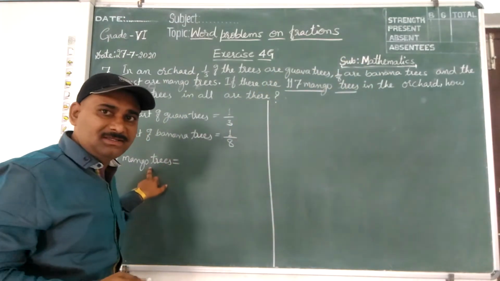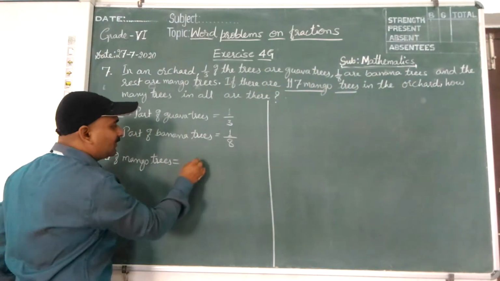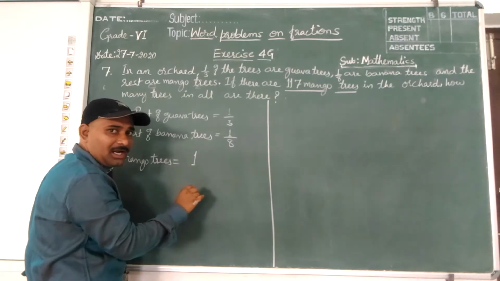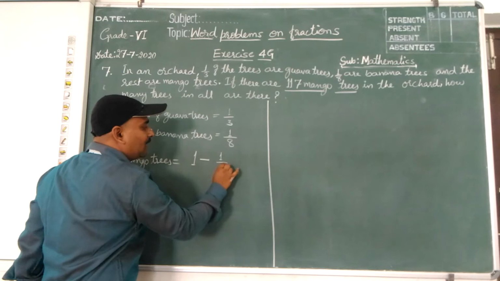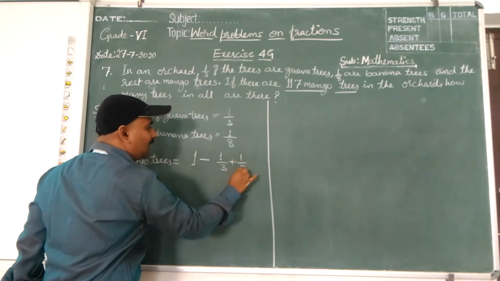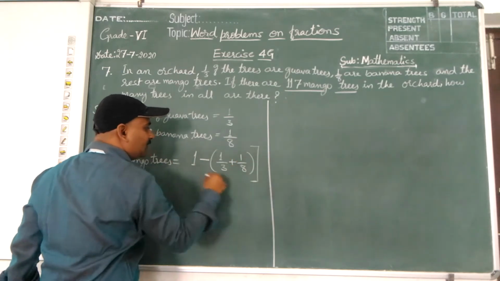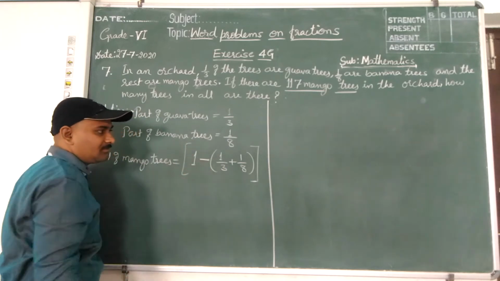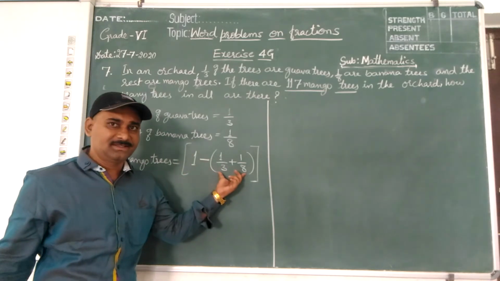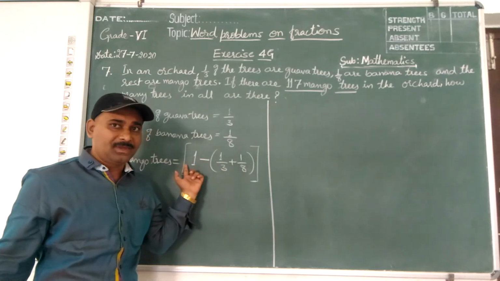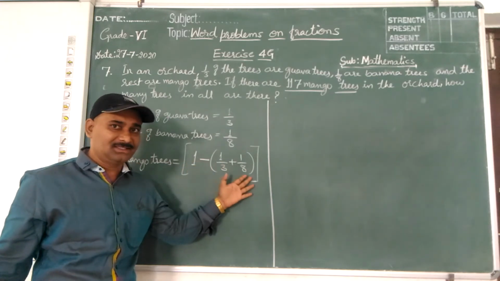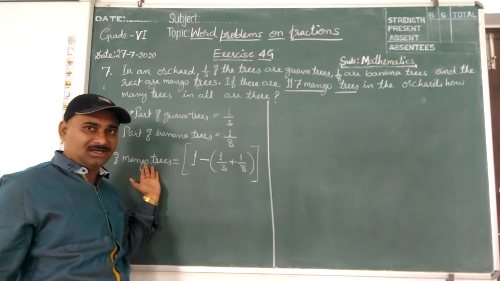That is one whole land minus 1/3, that is guava, and 1/8, that is banana. This part is the guava and banana tree part. If we subtract this from one whole land, we'll get the part of mango trees.